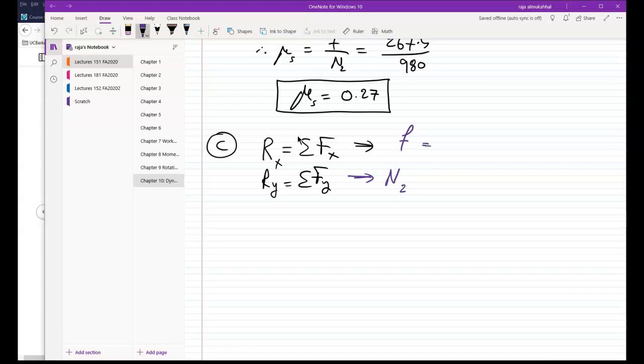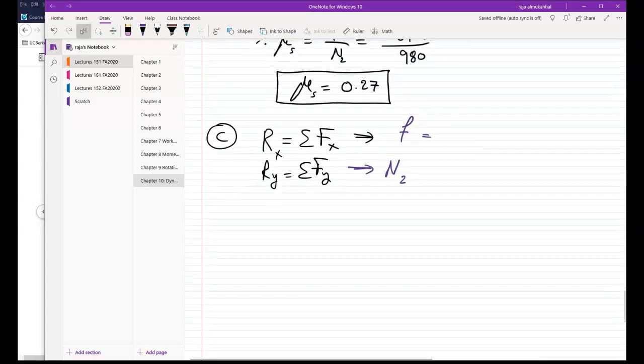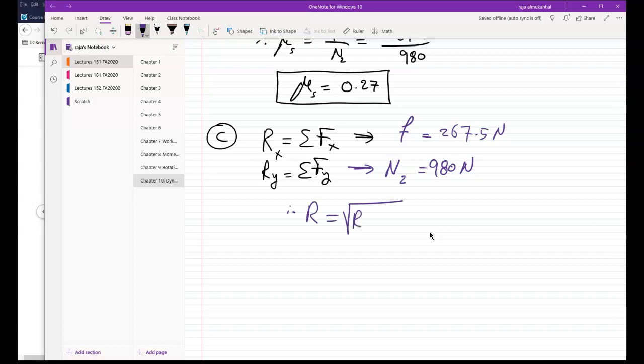We found it to be, here it is, F is 267, and the normal force is 980, so that's going to be 267.5 Newton, and then this one is 980 Newton, and therefore R is the Pythagorean, and that will be 267.5 squared plus 980 squared, like that.